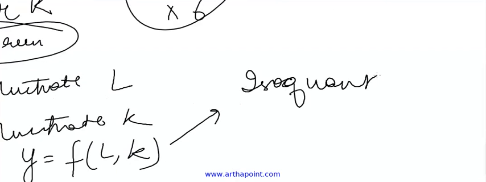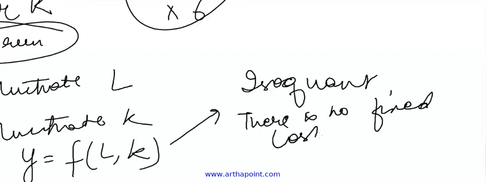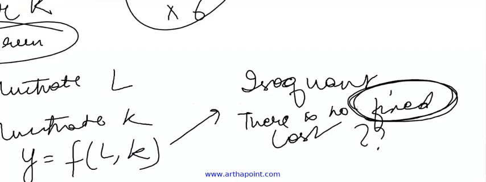Now, if I am talking about the long run, then there is no fixed cost. Why? Because there is no fixed input. Everything is variable. Capital can be varied, labor can be varied, so there is no fixed input.